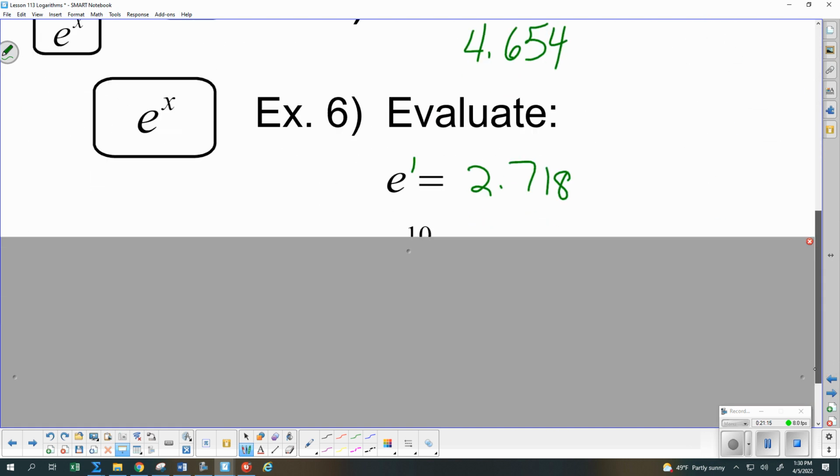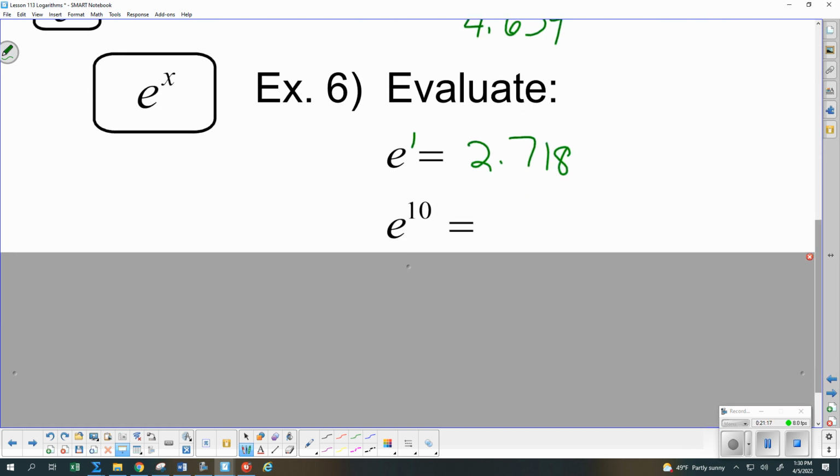All right, let's do e to a few other powers because that will sometimes come into play. What's e to the 10th on your calculators? Kenna, what you got? Others good with that one?